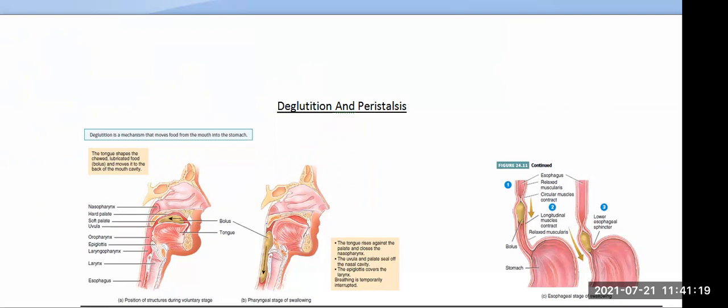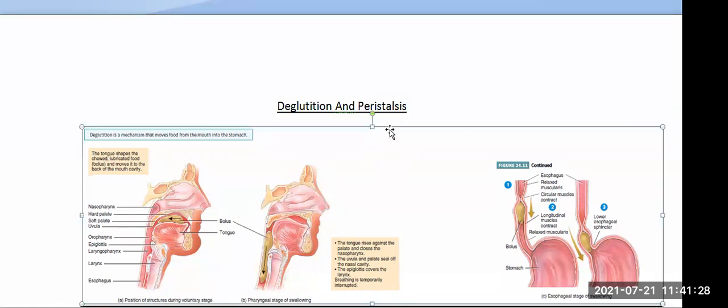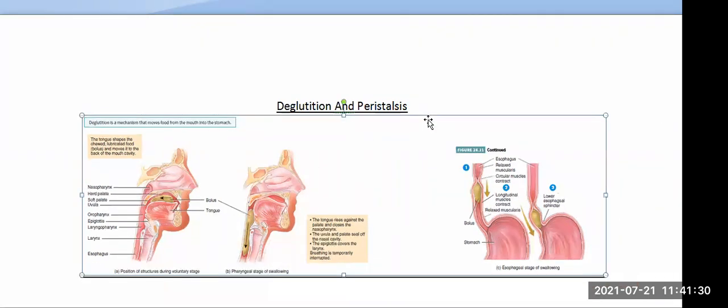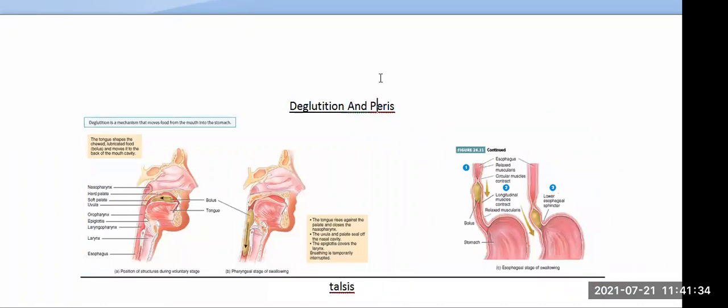These three organs are involved in swallowing. So imagine when you are swallowing something, what you are basically doing is moving backward and upward against the palate. That helps you in swallowing the food.